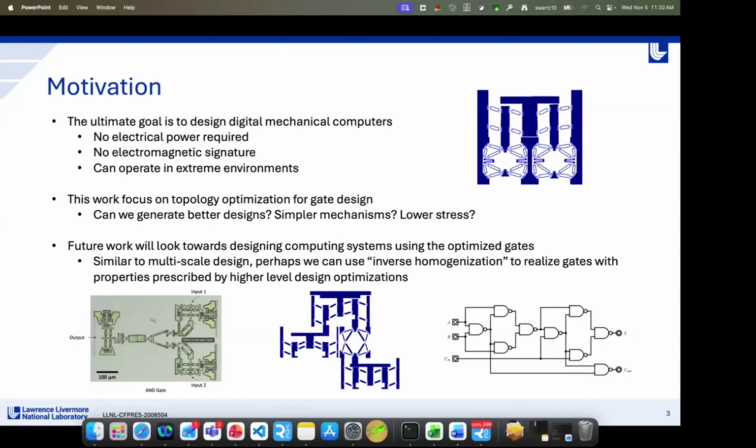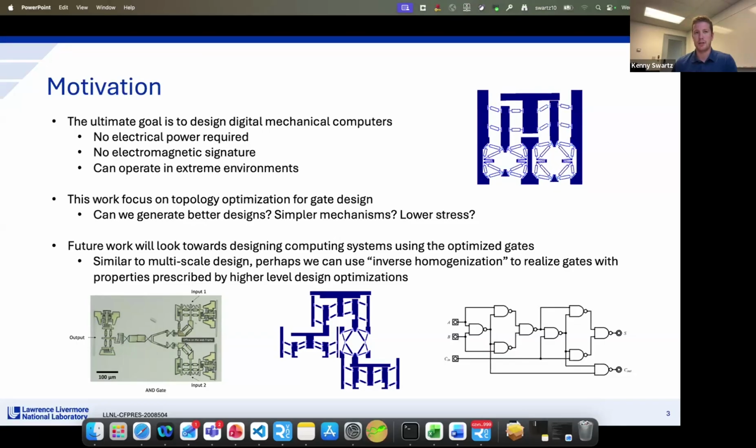Yeah. So what's the response time of these gates? I mean, how long do they take to respond? So we're modeling them as quasi-static, in the sense that I don't think we're going to be operating in the dynamics regime. We just want that in its stable configuration when the inputs are actuated, we know that if input 1 is at state 1 and input 2 is at state 0, then the output goes to a particular state.